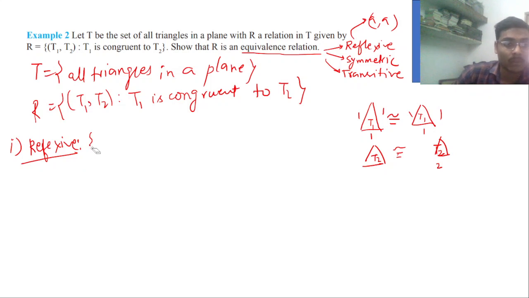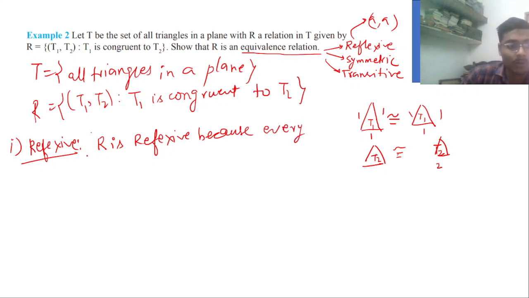So what are we going to write here? We are going to write that R is reflexive because every triangle is congruent to itself.